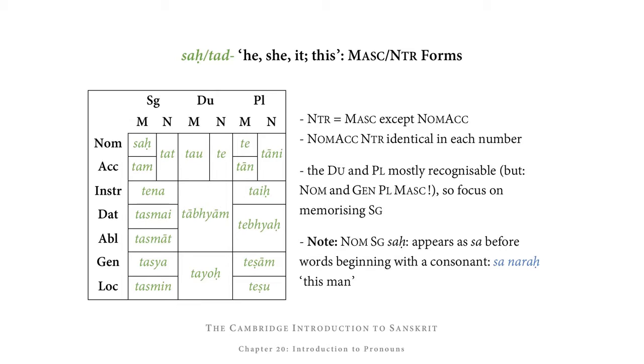But first of all, let's look at the forms. What we have here are the masculine and neuter forms, and just as in many other stems, the neuter is different from the masculine only in nominative, vocative, and accusative. And here we actually don't even have a vocative. And the reason for that is that in a third person pronoun, we only have forms that talk about someone or something, he, she, or it.